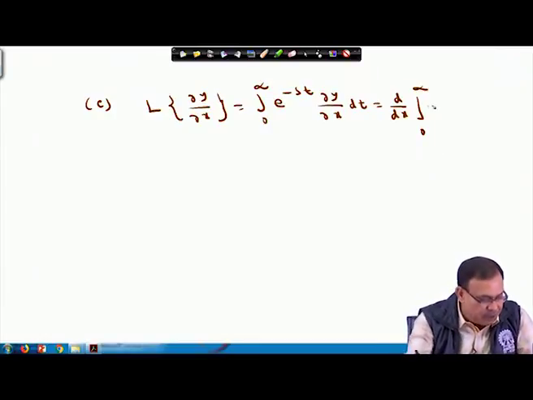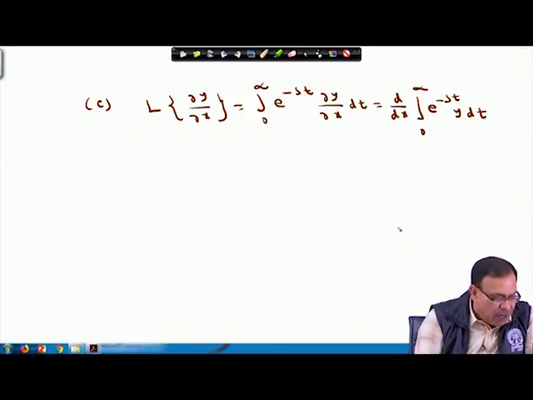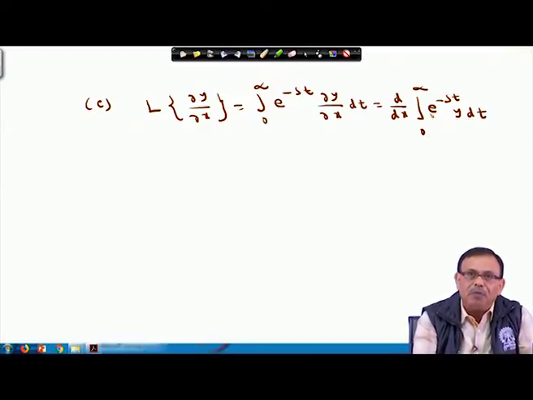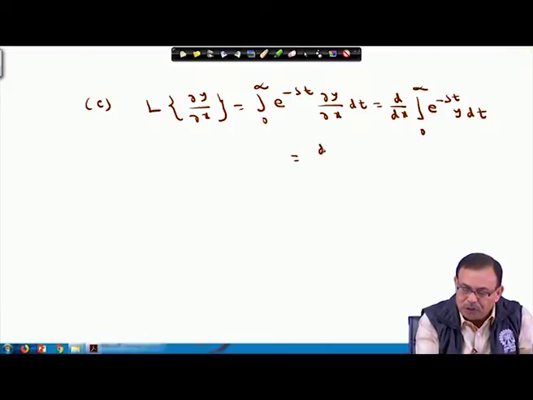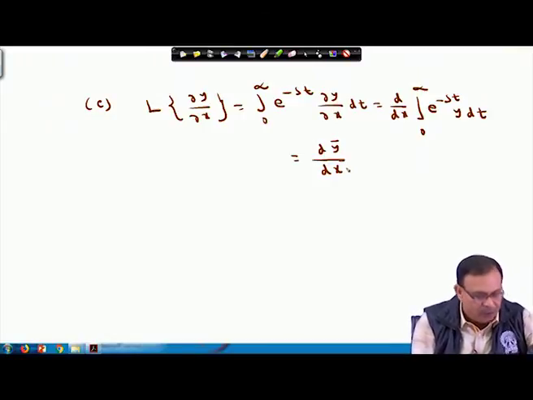So, d dx of the integral from 0 to infinity of e power minus s t into y dt, and this is nothing but the Laplace transform of y, or y bar. So, you can write this as d y bar dx.